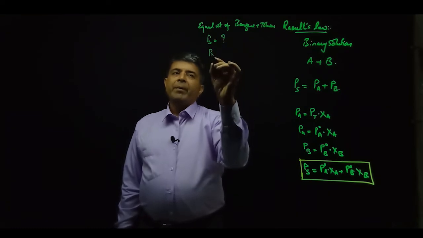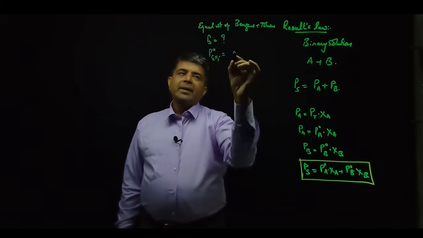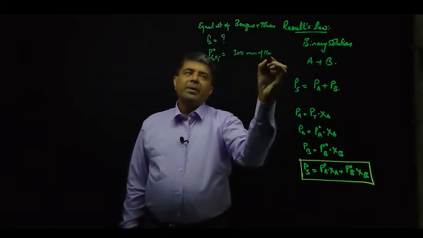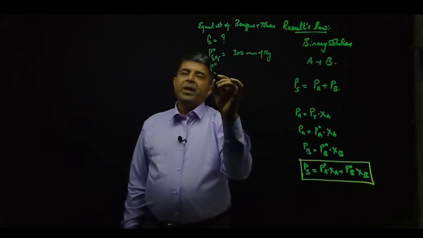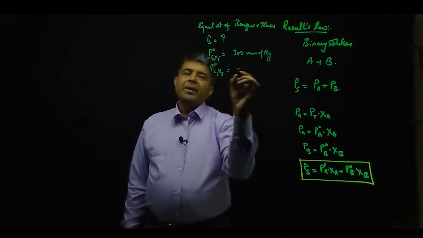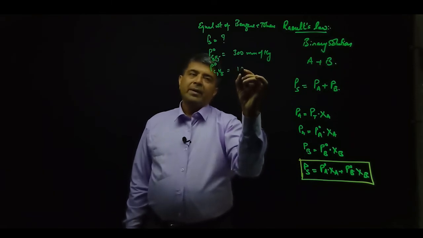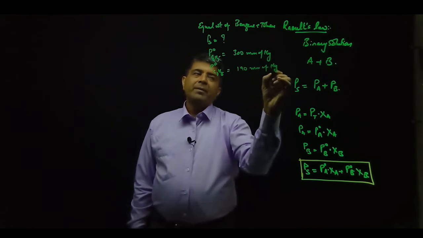If the vapor pressure of pure benzene is say 300 millimeters of mercury column at a given temperature, and at that same temperature the vapor pressure of toluene is say 190 millimeters of mercury column.